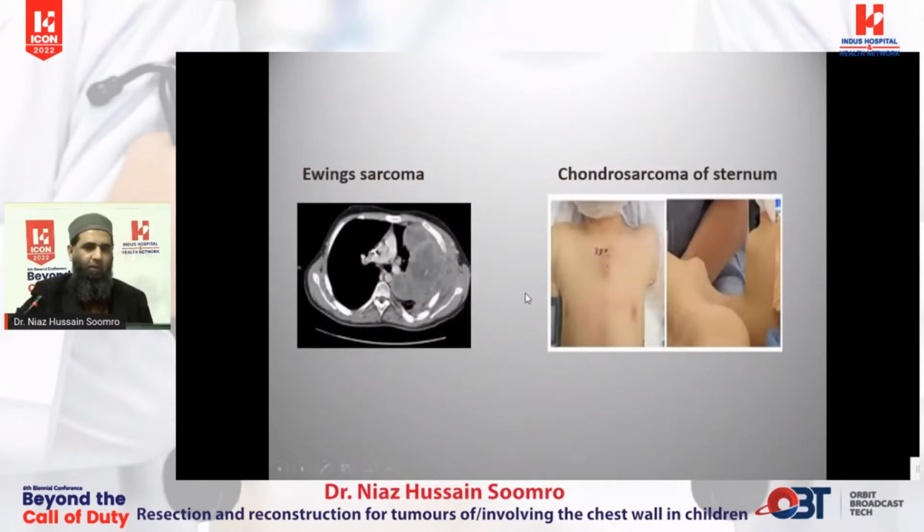This is the Ewing sarcoma. You can see the chest wall is involved, extending into the intrathoracic compartment, involving the left hemithorax. And this is the chondrosarcoma involving the sternum, visible here with the patient in supine position.